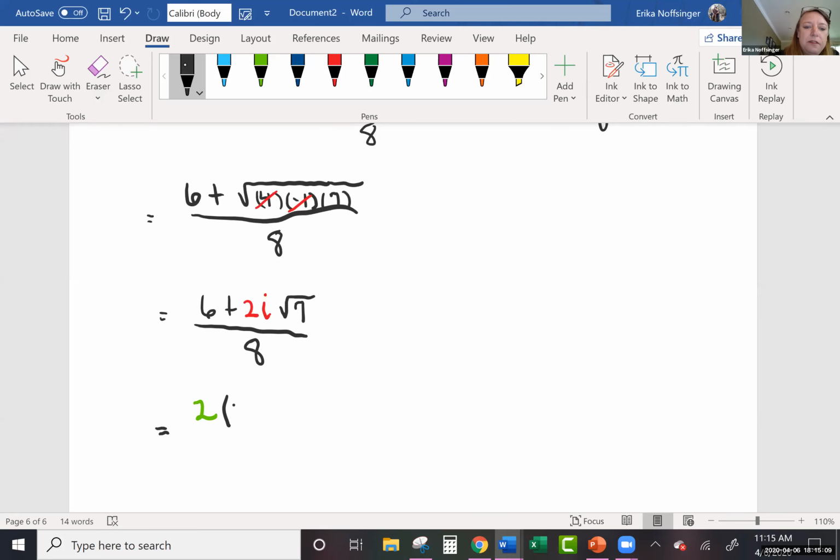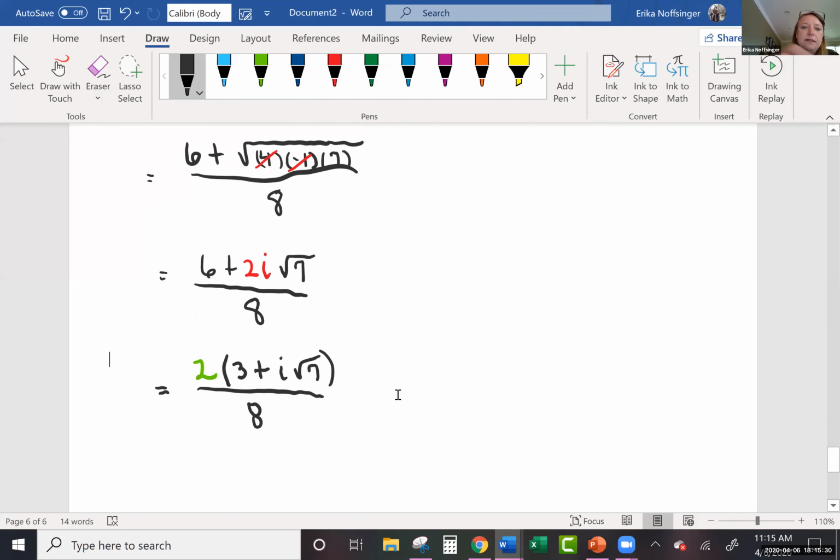We'd be left with a 3 when we pull the 2 out of the 6, plus i root 7 when we pull 2 out of 2i root 7, all over 8. But notice that I can simplify 2 and 8 now because it's strictly multiplication between that 2 and the parentheses. So 2 goes into itself once and 2 goes into 8 4 times.